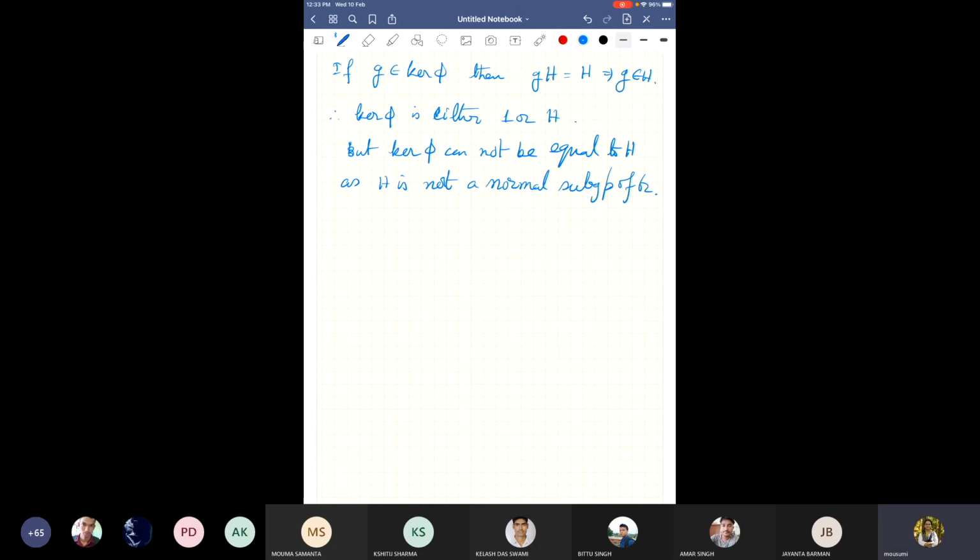Therefore, what is the choice for the kernel? It is nothing but the identity element. Therefore, I should have that G is isomorphic to S3.